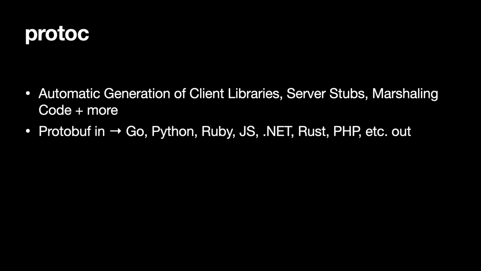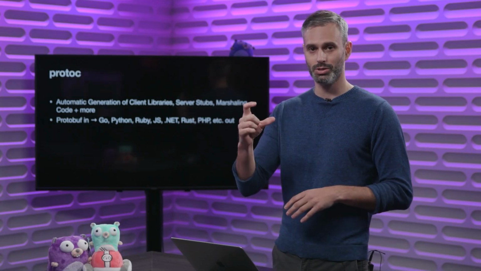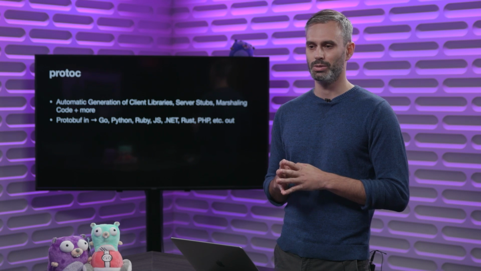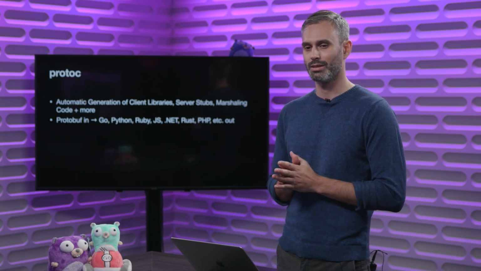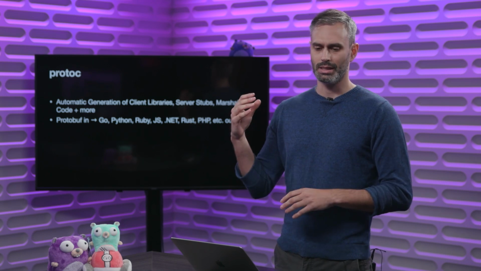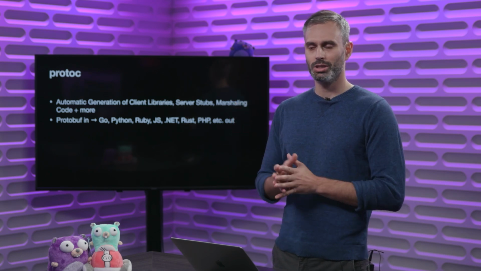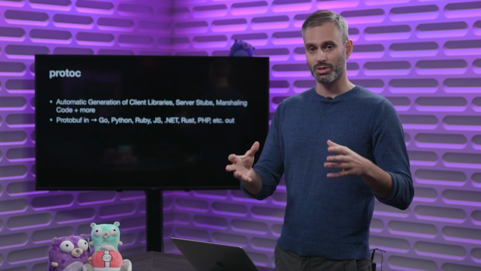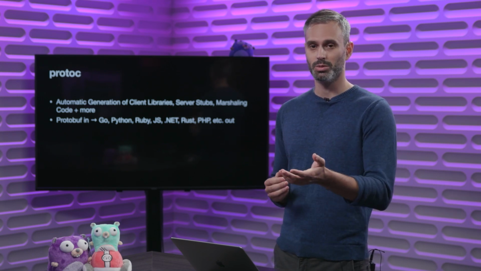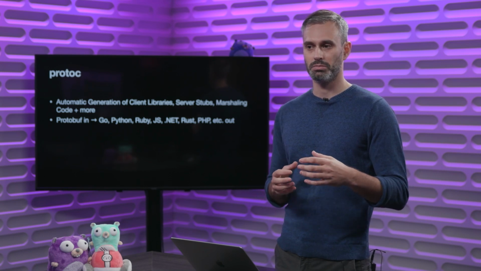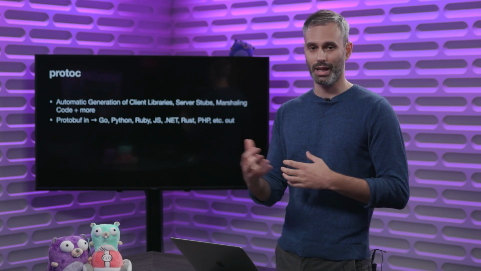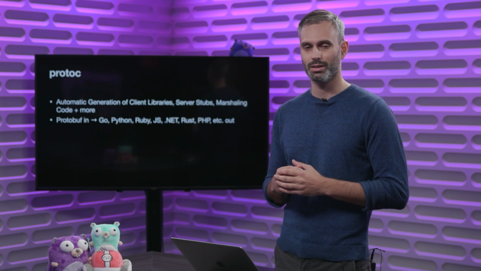It takes as input an IDL, an interface definition language, that describes structures that you want to compile, and service definitions of RPCs. From that, it can generate marshalling and unmarshalling code, as well as the actual client-side stubs to call remote services that meet that interface definition, and server-side stubs that can be used to handle calls for those APIs.